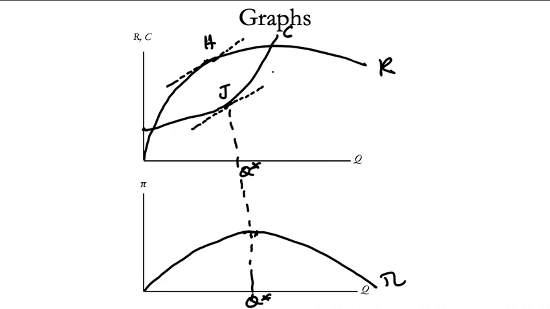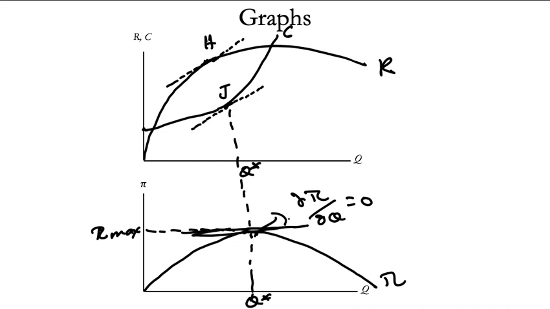At point H and point J, the tangent line at point H is the tangent line for the revenue function, and the tangent line for the cost function is at point J, where quantity is at Q star. You can see profit is at its maximum, and here you have delta P over delta Q equal to 0, isn't it? And if you draw a line, it becomes flat like this.